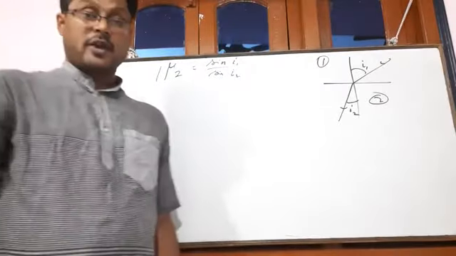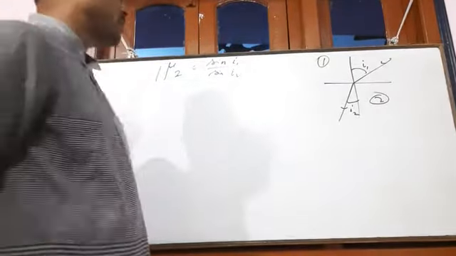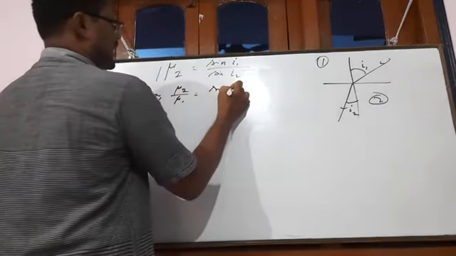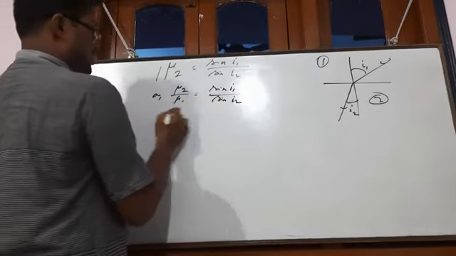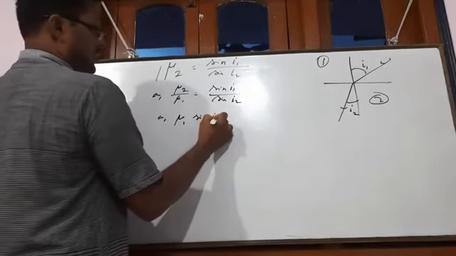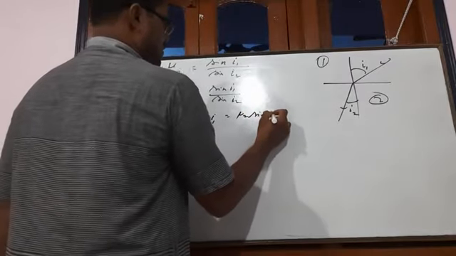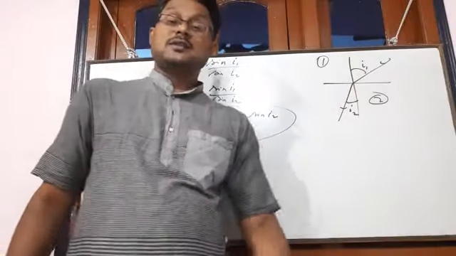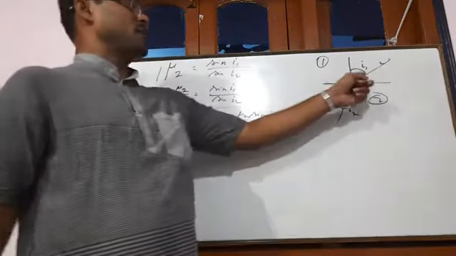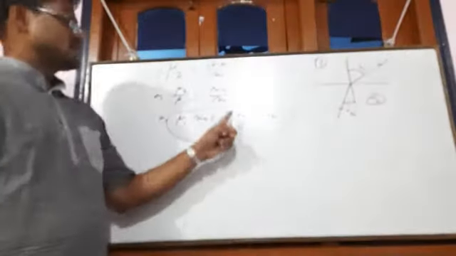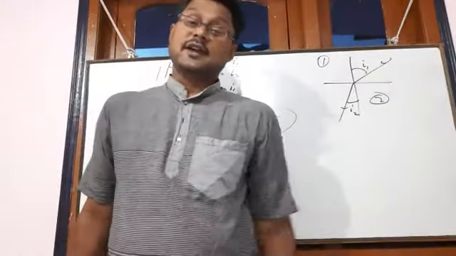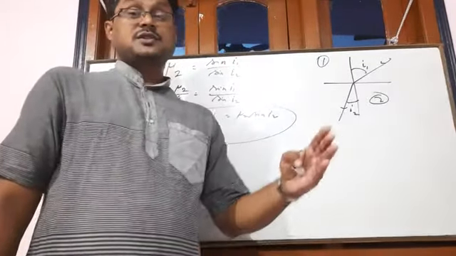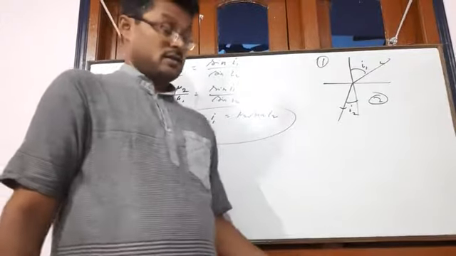This is the very basic formula. Now we can write mu2 by mu1 equals sine I1 by sine I2, or mu1 sine I1 equals mu2 into sine I2. So see, mu1 is the absolute RI of the first medium with the angle in that medium, and mu2 is the absolute RI of the second medium with the angle in that medium. So they are separated. Each medium with its own angle, that we have to consider.